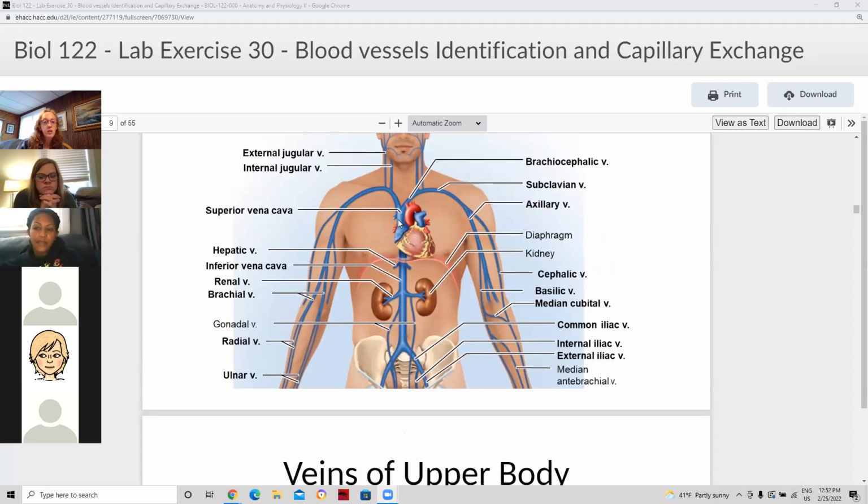Moving down, so here's the superior vena cava, here's the inferior vena cava. Hepatic veins draining the liver. The renal veins draining the kidneys. The gonadal veins draining the gonads.